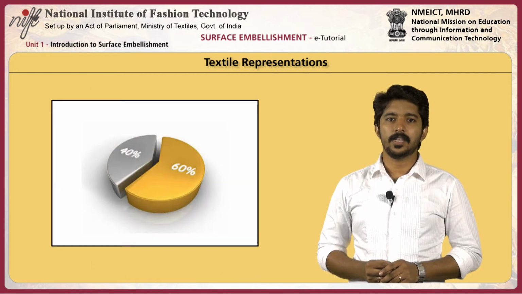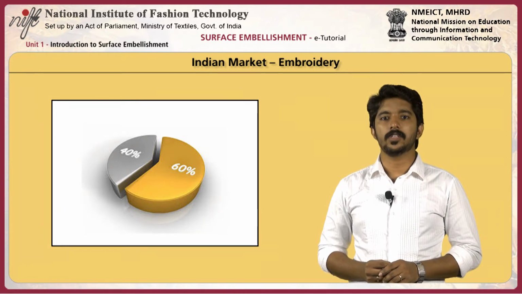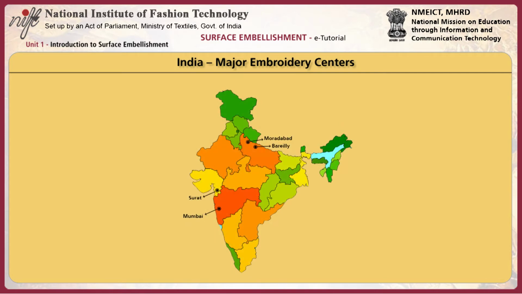Embroidery, till a decade ago, was largely in the unorganized sector. 60% of the market is governed by the organized sector. Surat and Mumbai are the major embroidery centers in the country. Bareilly and Moradabad are known for beadwork.